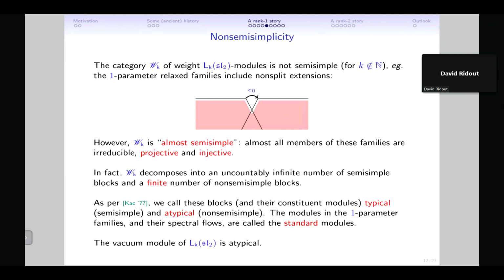All right, so I've written at the end here, just for reference, the vacuum module of our affine VOA is always going to be atypical. It always belongs to one of these non-semi-simple blocks. That's kind of the way it has to be. Otherwise, we would not expect to have a logarithmic theory.